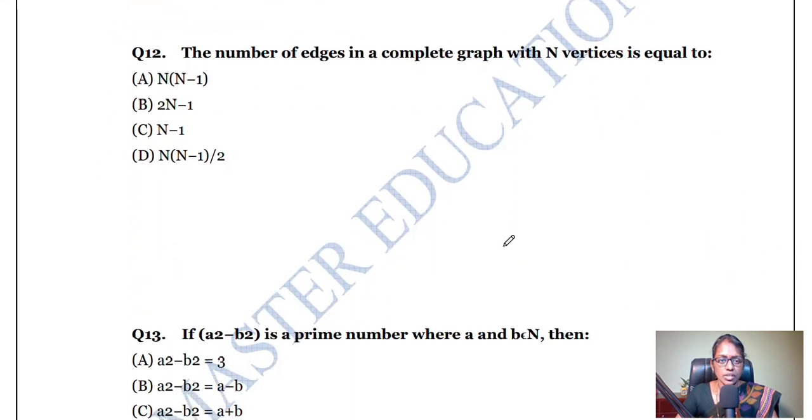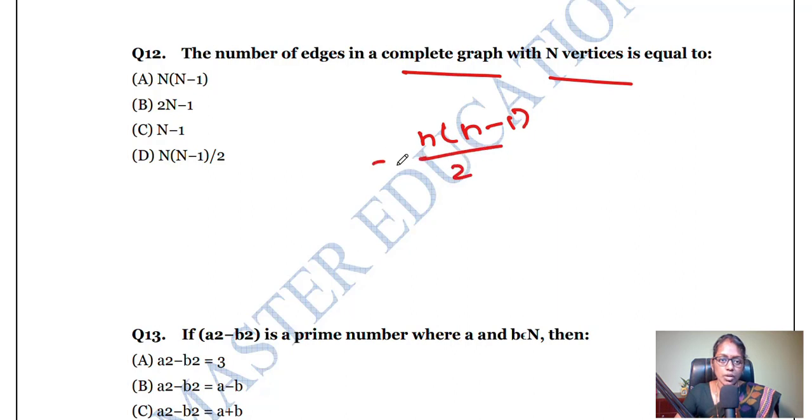The next question is the number of edges in a complete graph. The number of edges in a complete graph with n vertices is equal to n into n minus 1 divided by 2. For example, consider these 3 vertices. The 3 vertices are connected with all these 3. So totally how many edges? The number of vertices is 3.